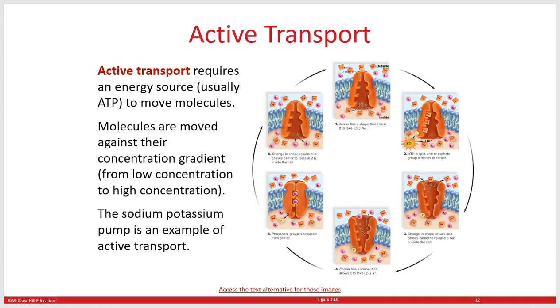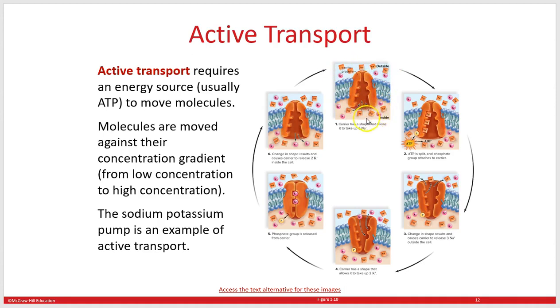Active transport requires an energy source in order to move molecules against their concentration gradient. Sodium potassium pumping is an example. So if we look here, we would see that you have sodium out here on the outside.